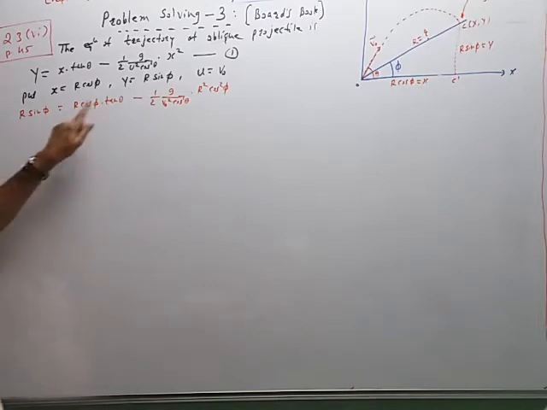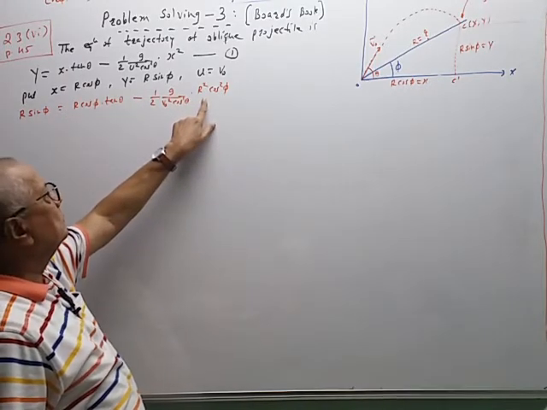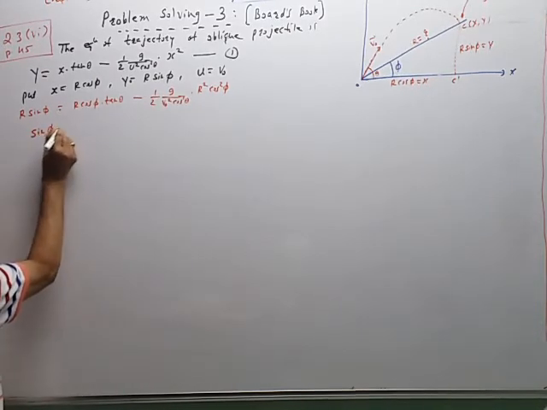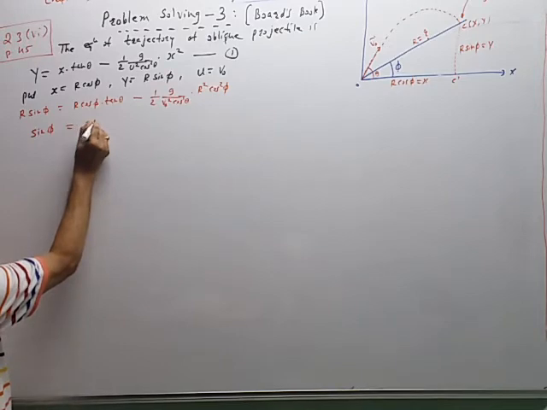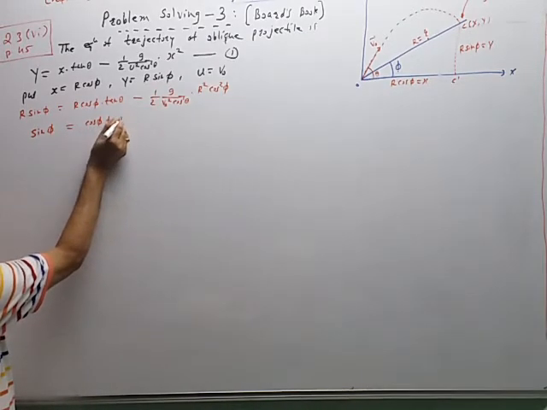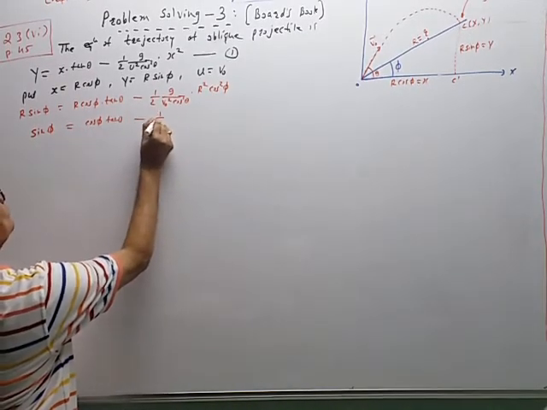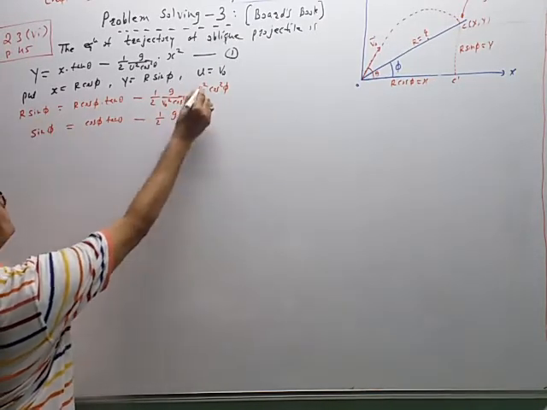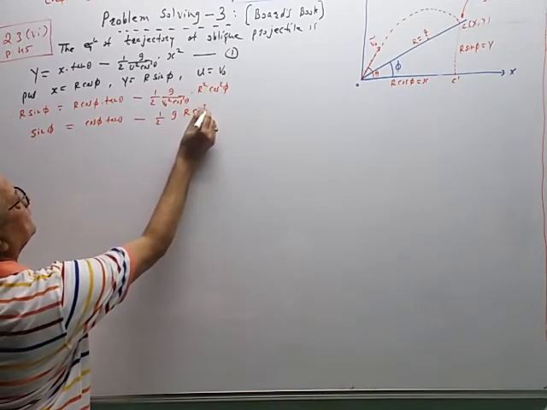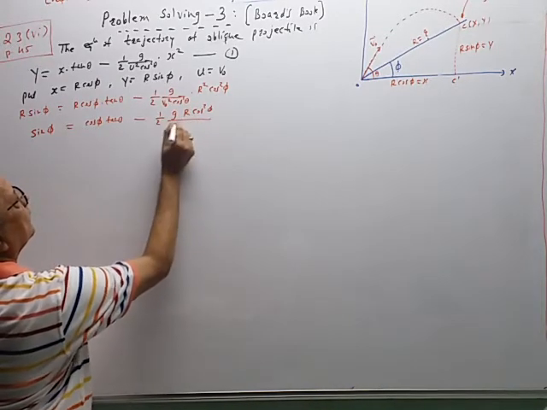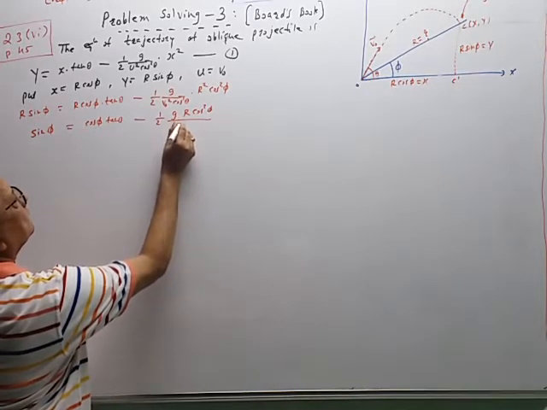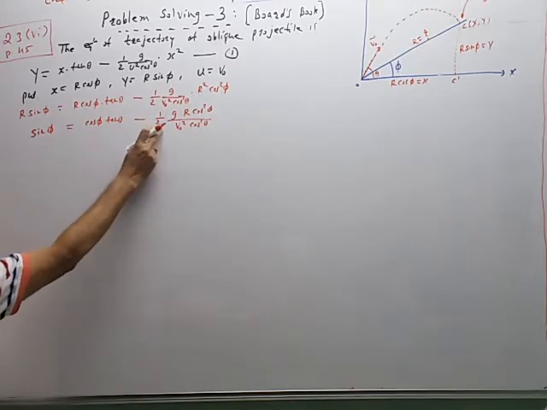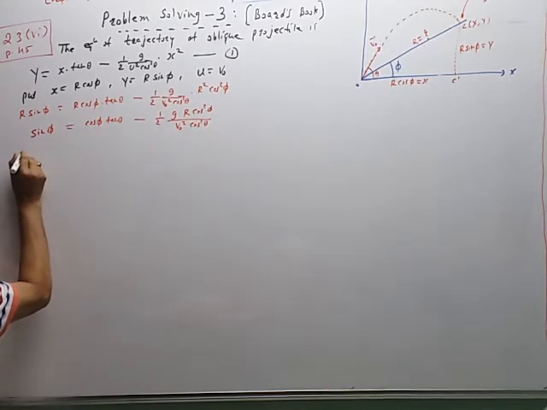One r and one r will get cancelled, and therefore the relation is sin phi is equal to cos phi tan theta minus 1/2 g r cos square phi upon v0 square cos square theta. This term is transferred here, so it will become plus.